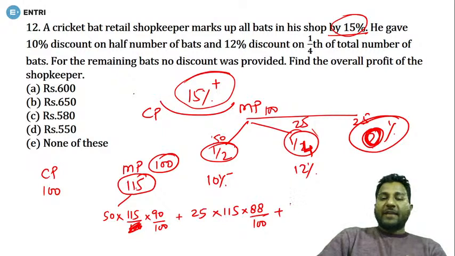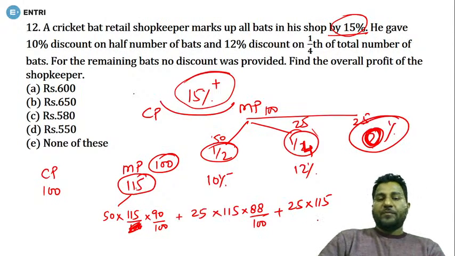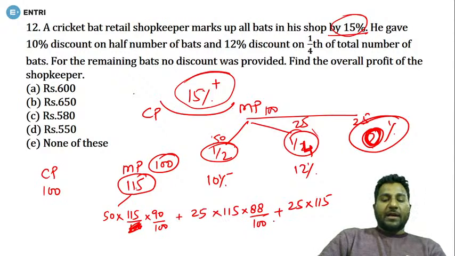Now for the next 25, there is no such discount. That means the selling price must be equal to the MRP. So when you figure out all the data, you will find out the total selling price. It must be equal to what? 10580.